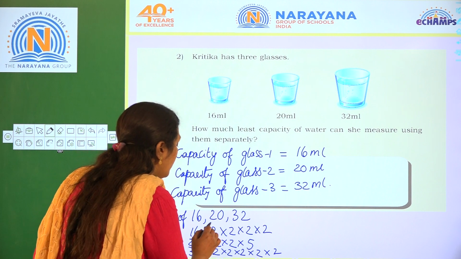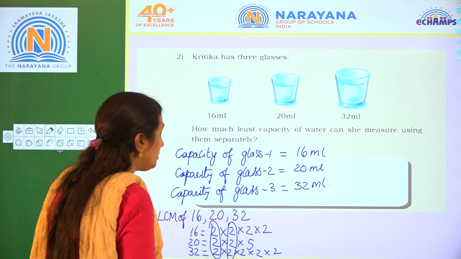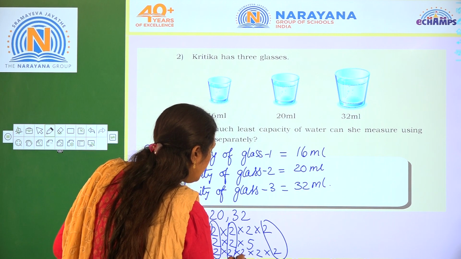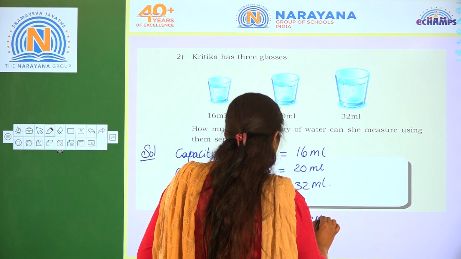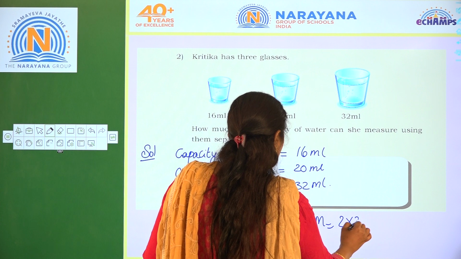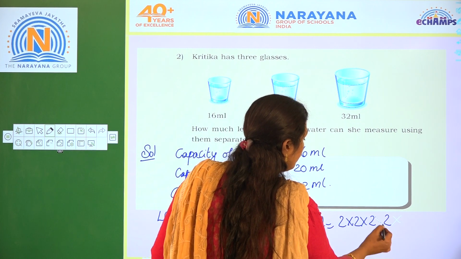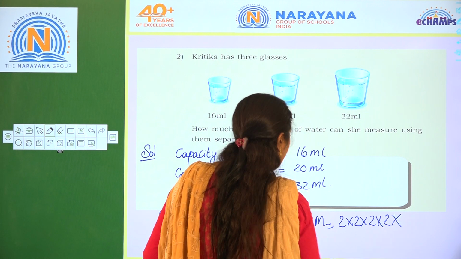First we take the common factors, and here this is also common and this is also common. So to find the LCM: 2 into 2 into 2 into 2, and then the factors other than the common ones.